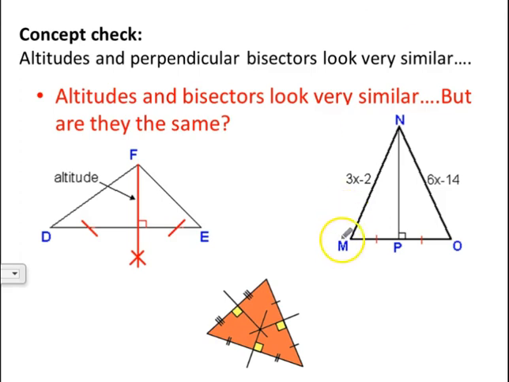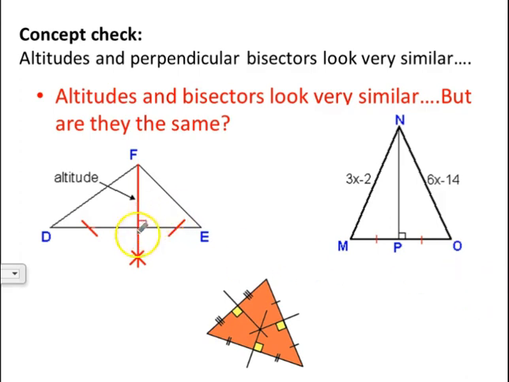So let's make sure we're understanding everything. Again, altitudes and perpendicular bisectors look very similar. Are they the same? So again, here's an example of a perpendicular bisector over here on the right. How is it different from the altitude?